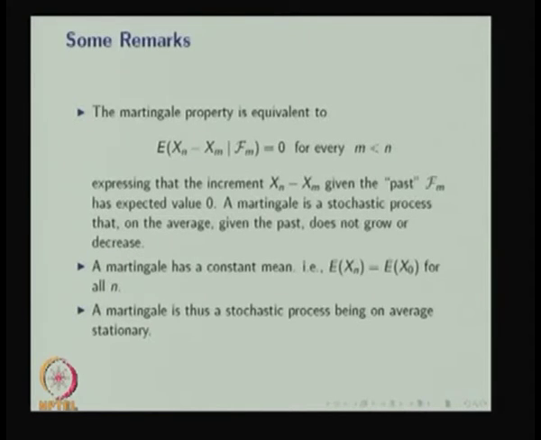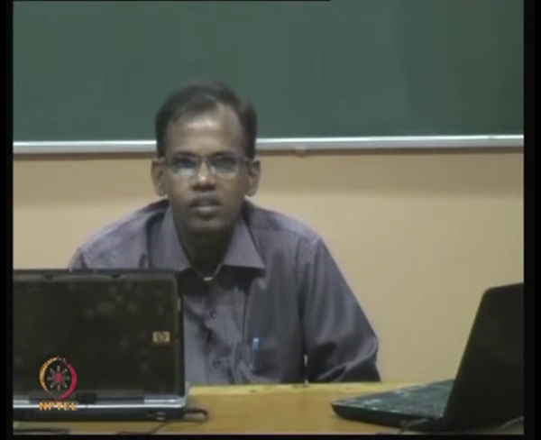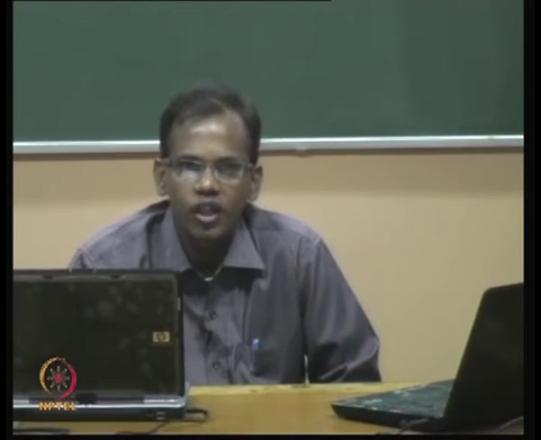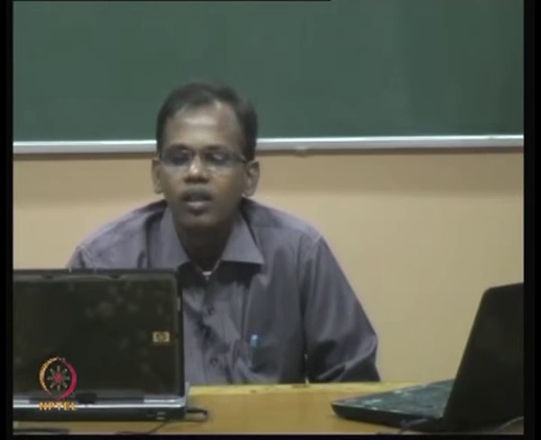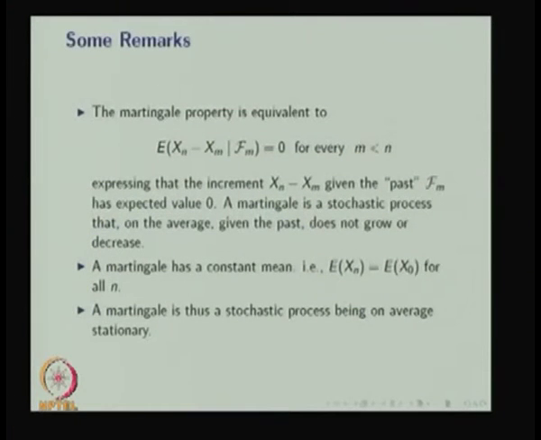A Martingale has a constant mean. That means if a stochastic process satisfies the three conditions, and hence is a Martingale, then the expectation is constant. That is, expectation of X_n is the same as expectation of X_0 for all n.